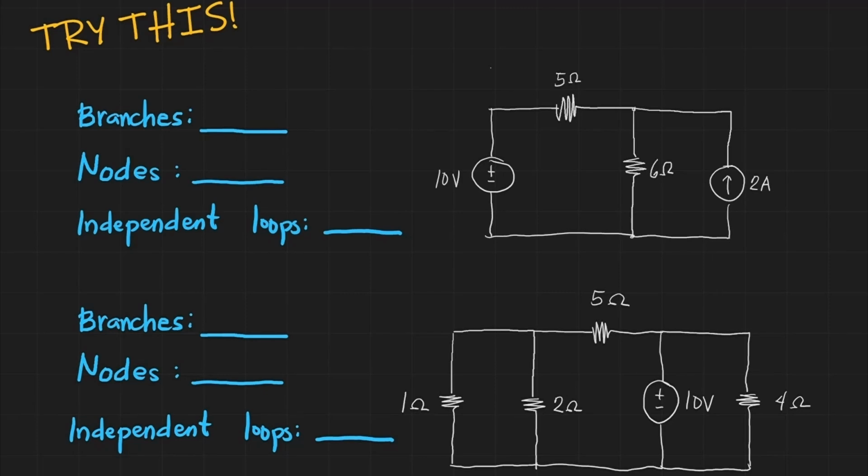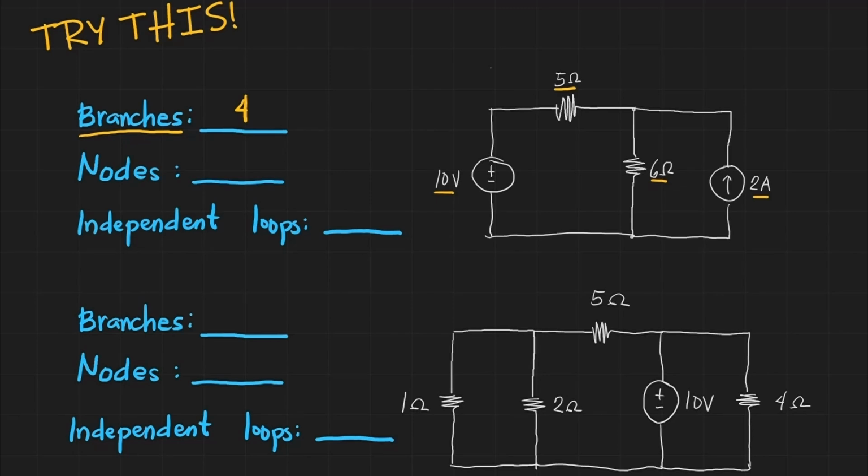For the network above, the 10 volt, the 5 ohm, 6 ohm, and the 2 ampere source, we will be having a total of 4 branches because we have 4 elements. It's simple, we just count the number of elements in the circuit or in the network, and that is the number of branches.